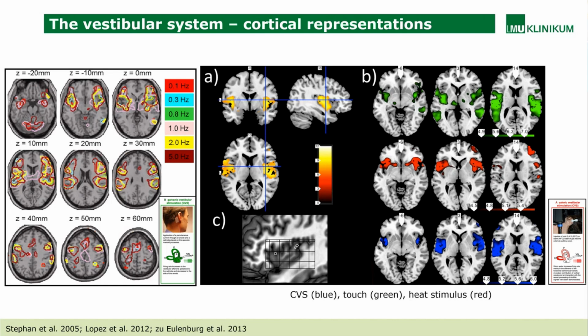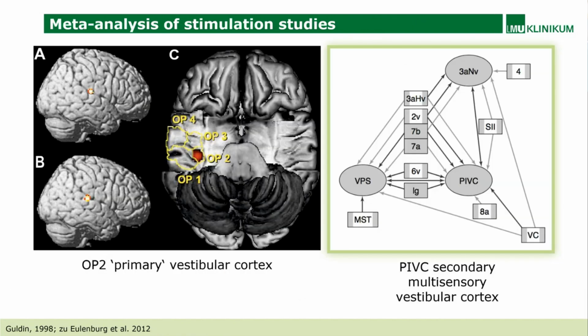And of course, there have been meta-analyses on these kinds of data. So they pulled different imaging studies together, and with that you end up with one main spot, which is the so-called OP2 region, as a supposedly primary vestibular cortex. This has been questioned a lot, of course, because your vestibular system only works in conjunction with the other systems.